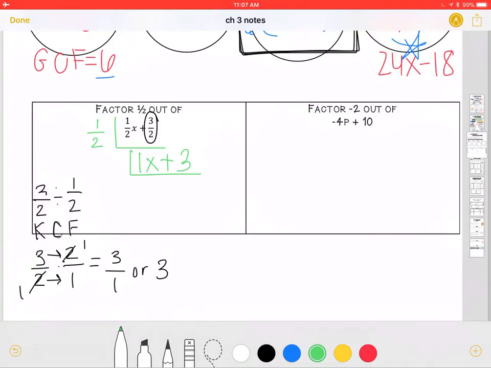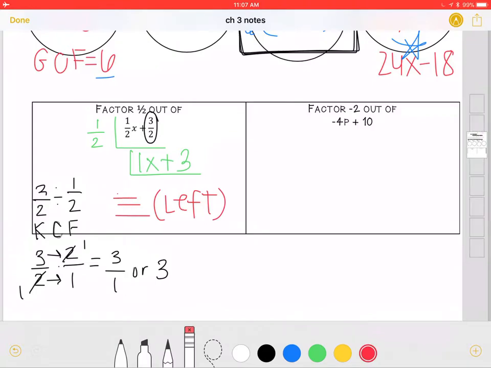So now that's the other part of my expression. Now this is what's left when we're thinking of factored form. Remember, you want your number on the outside, whatever we're factoring out, and then we put whatever is left inside our parentheses. So let's fill that in. What were we factoring out? 1/2.